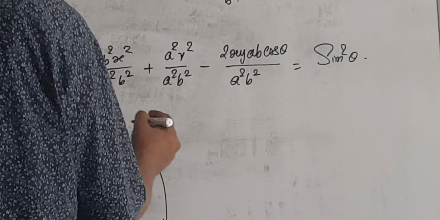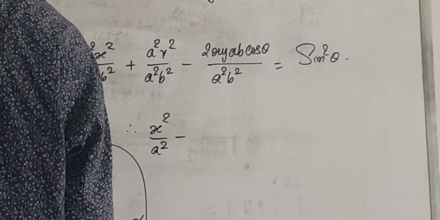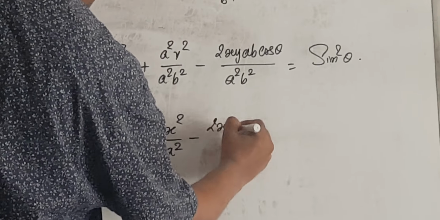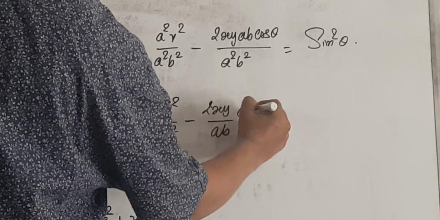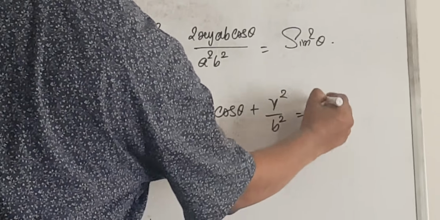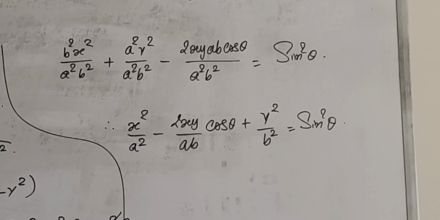So this AB will be cancelled. It is like that: x square upon a square, let me write this negative term first, minus 2xy upon AB cos theta plus y square upon b square is equal to sin square theta. It's lengthy but easy. Understand?